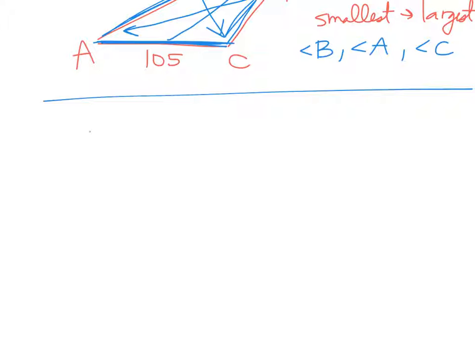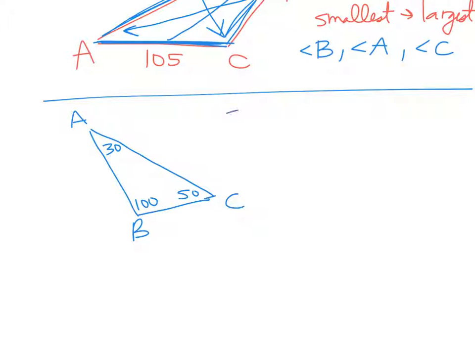Basically what it's saying is if I have a triangle, and this is A, B, and C, if B is 100 and C is, we'll say 50, and A is 30, if those are the angles in my triangle, the smaller the angle, the shorter the side across from it.